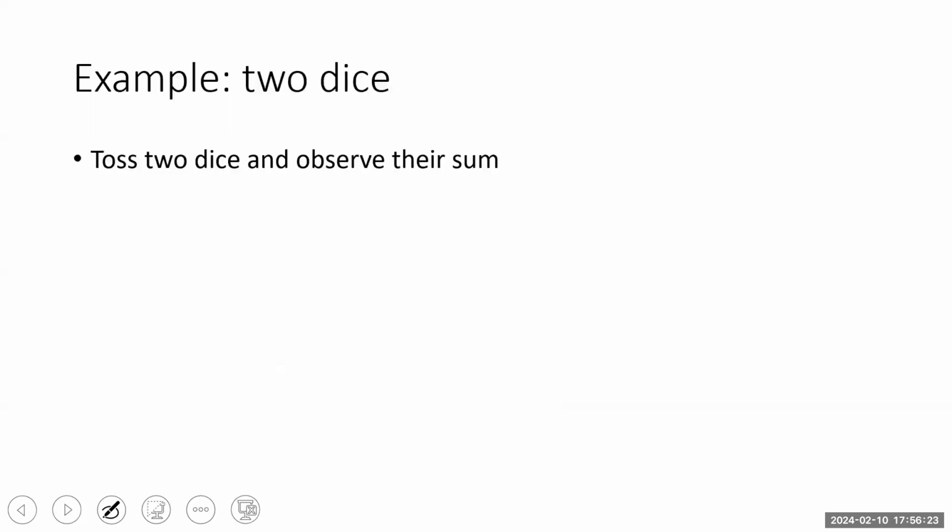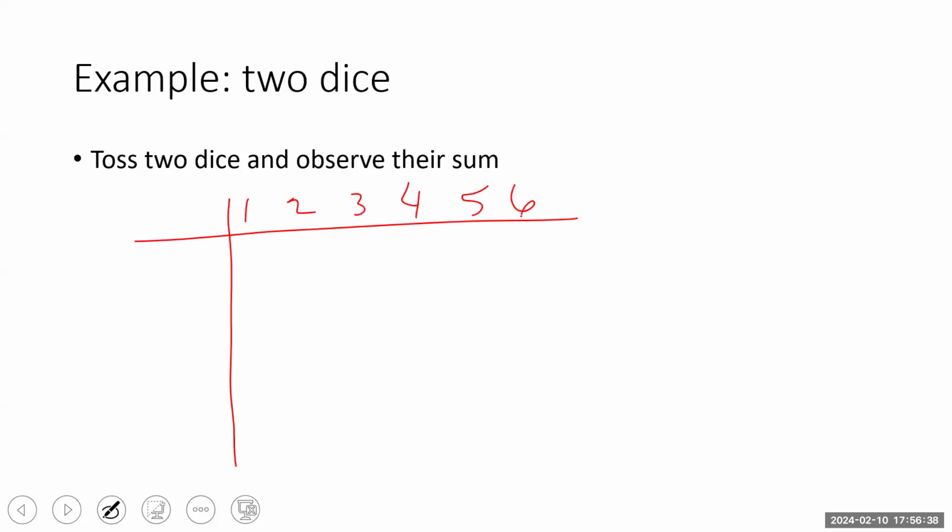Let's talk about rolling 2 dice, and we want to observe their sums. I like to use tables to look at the sample space here. So I like to say, well, my first die could be a 1, 2, 3, 4, 5, or 6. And my second one could be a 1, 2, 3, 4, 5, or 6. Now, if I'm concerned about their sum here, then I need to calculate the sums of all possibilities.